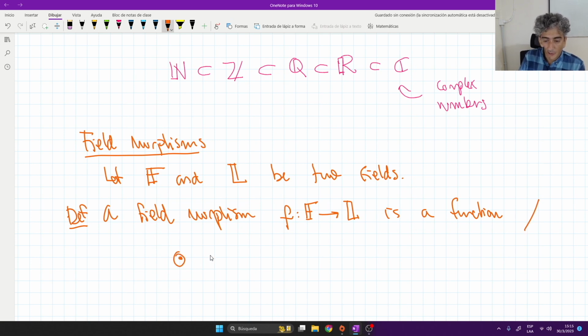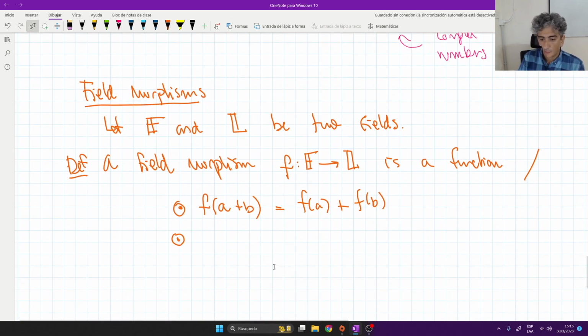it's compatible with addition. f of the addition is actually the addition of the images. Then f of multiplication is the multiplication of the images.